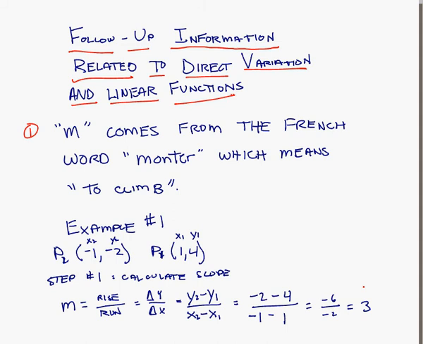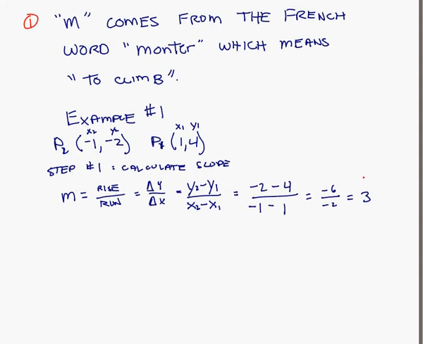So the line then would take the equation in the form y is equal to 3x plus some b. B again is the y-intercept. So we're going to have to calculate where that line is going to cross the y-axis. The way you do that now is to take one of the points, and it doesn't matter which one.